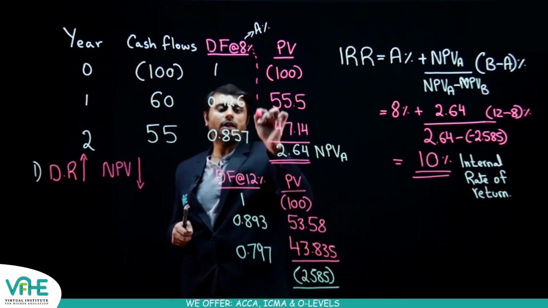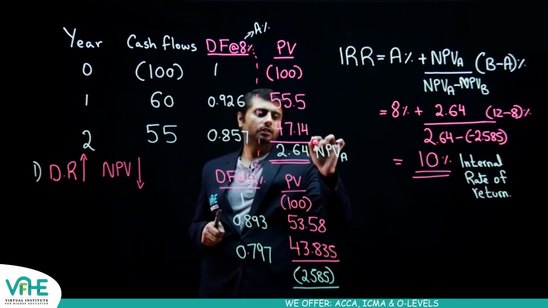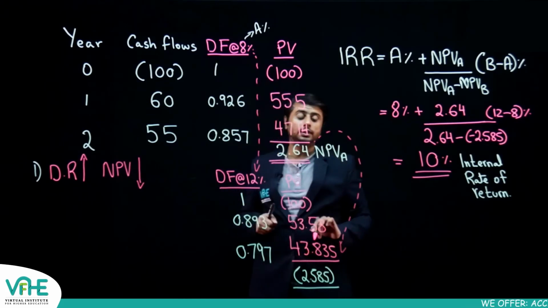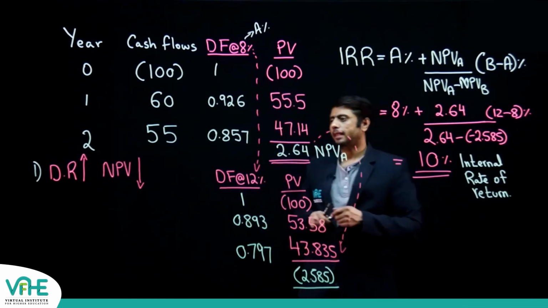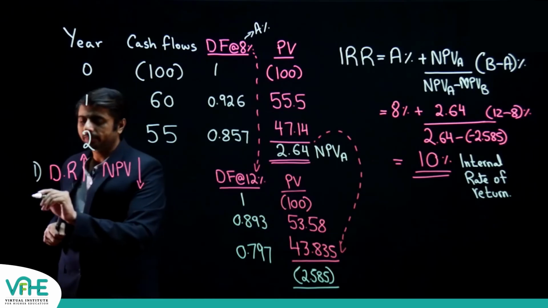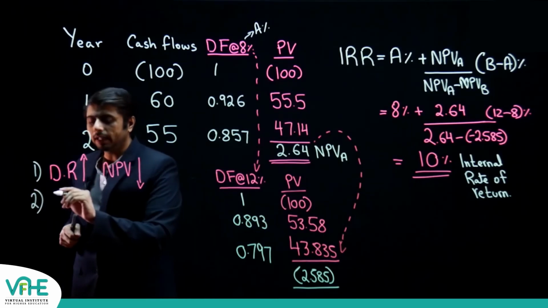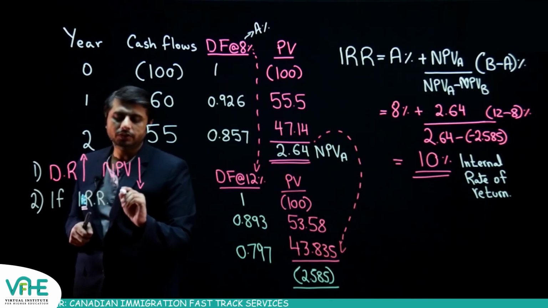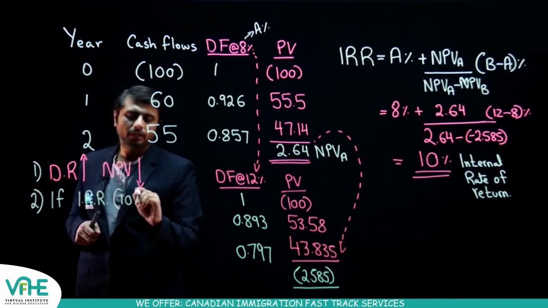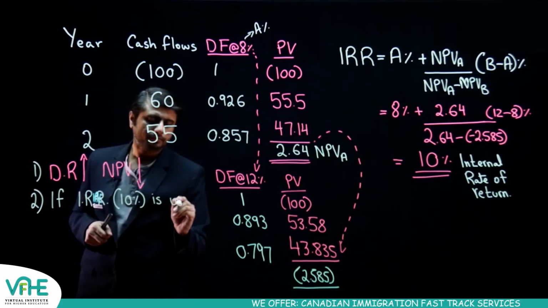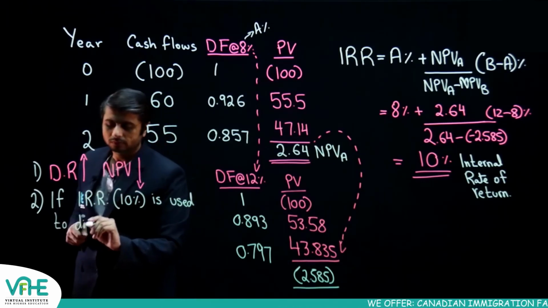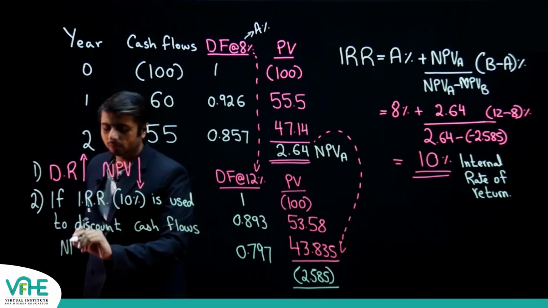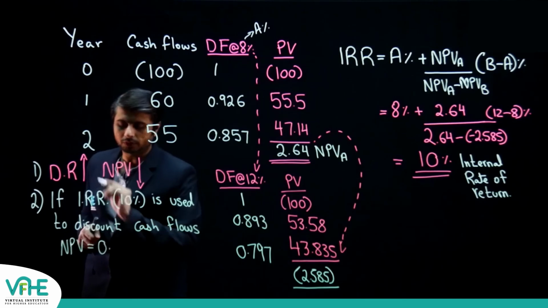When we increased our discount rate from 8 to 12%, our NPV decreased from positive 2.64 to negative 2.585. The second property is that if the IRR percentage, which is 10% over here, is used to discount cash flows, NPV will be equal to 0.